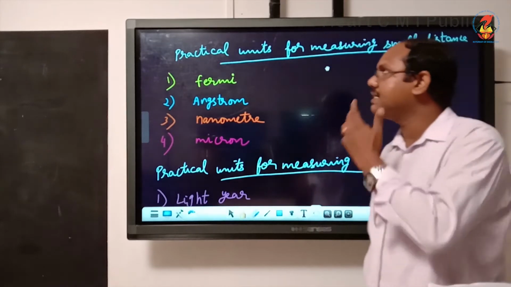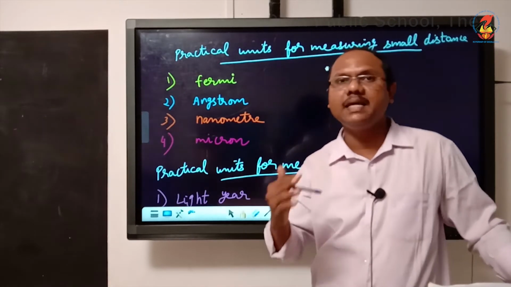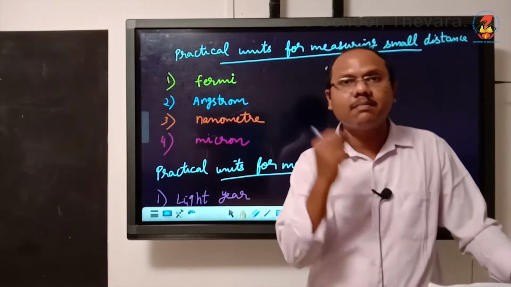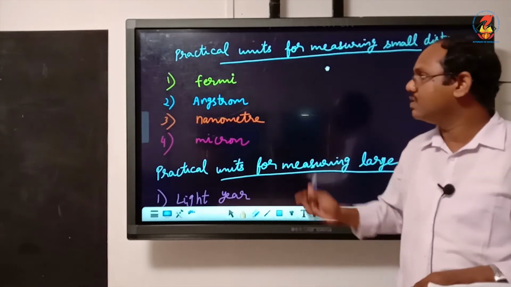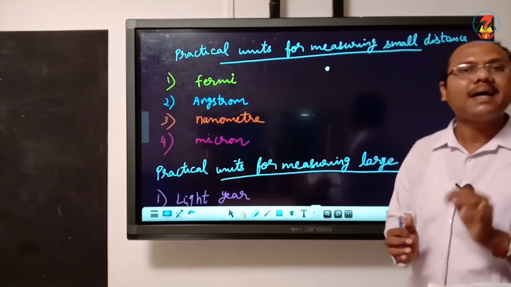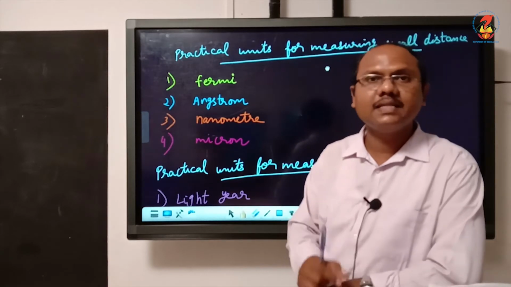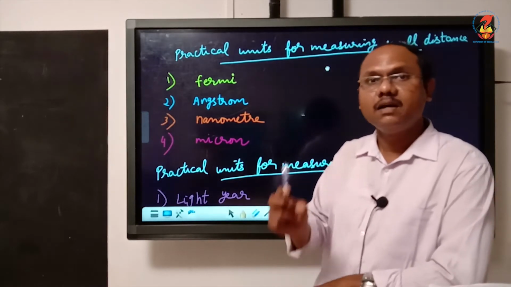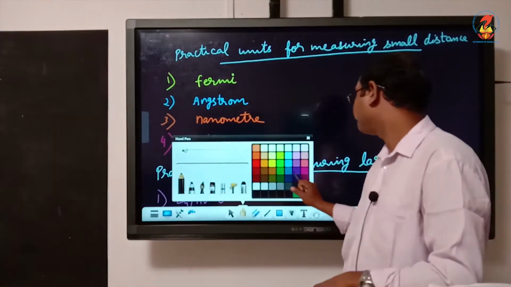The first one is Fermi. Before going to Fermi, since I was telling about the thickness of the paper and the hair, let me go to the last one, which is micron. Micron means micrometer. So the thickness of paper, hair, plastic, etc. will be expressed in micron.